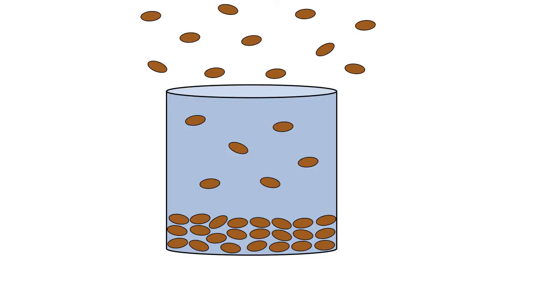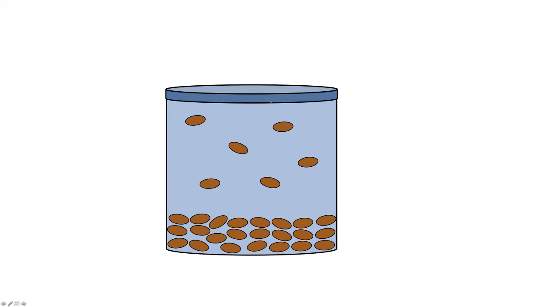Now, if we take our substance, in this case bromine, and seal the container and let the gas outside this container escape, we now have a closed system, and the liquid molecules and gaseous molecules form an equilibrium.